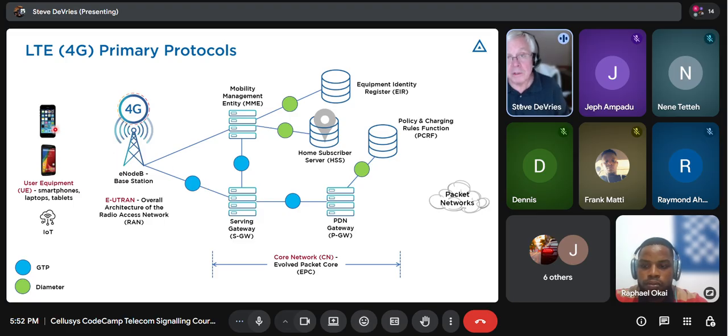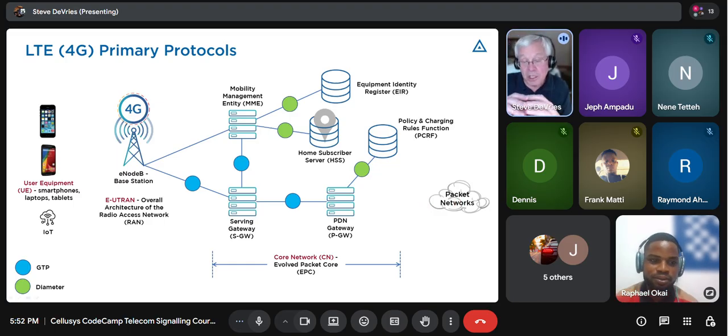So when this subscriber types in www.google.com, that goes inside that pipe to here. It goes inside that pipe to here, and it's delivered to the internet that way. So just think of a packet inside of a data packet. It's a packet in a packet. And that's a tunneling protocol.